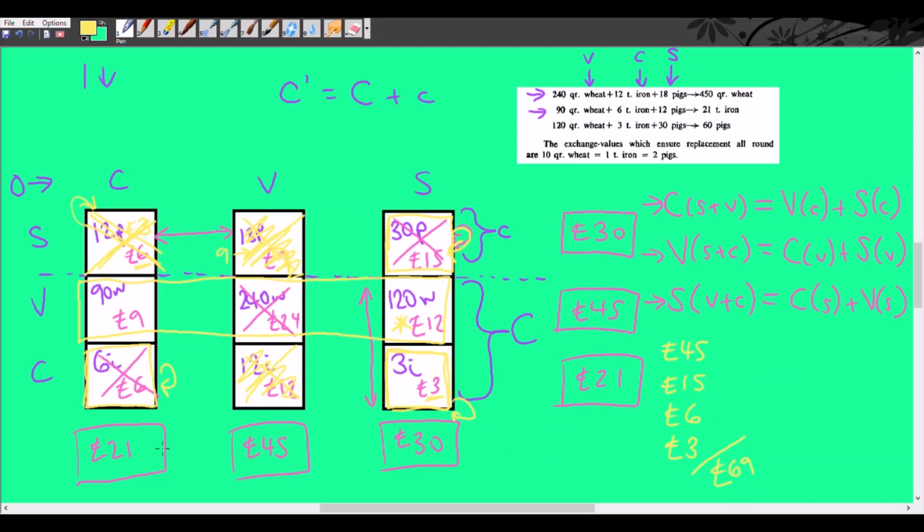And if we total up what we thought was the whole value of the commodities, it was 96. So what we thought was GDP was £96, but actually we only have £69 that isn't somehow doubled within this table, within this schema.